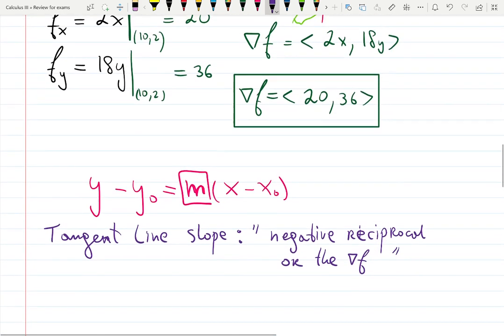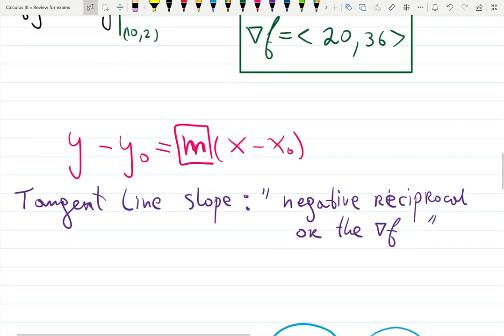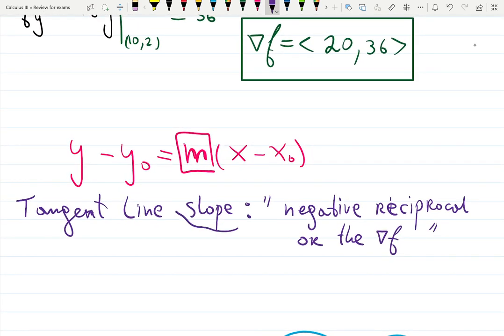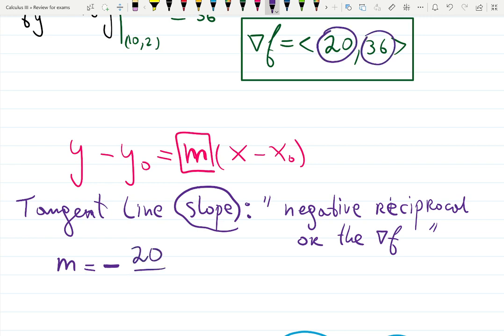So in this case, the slope of the tangent line m will be, take the second coordinate. First of all, negative reciprocal means negative. Take the 36, take the 20 and divide by 36. 20 over 36.